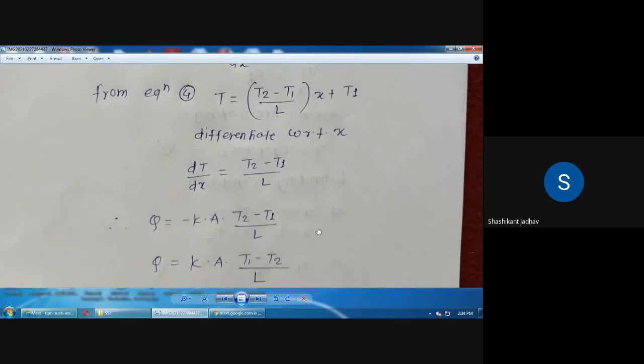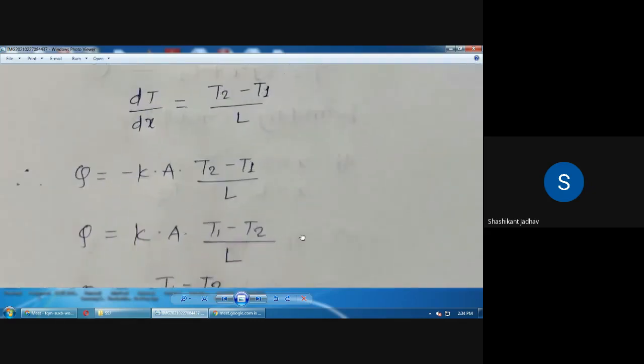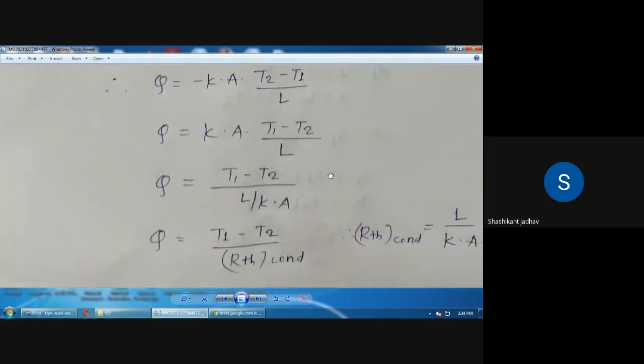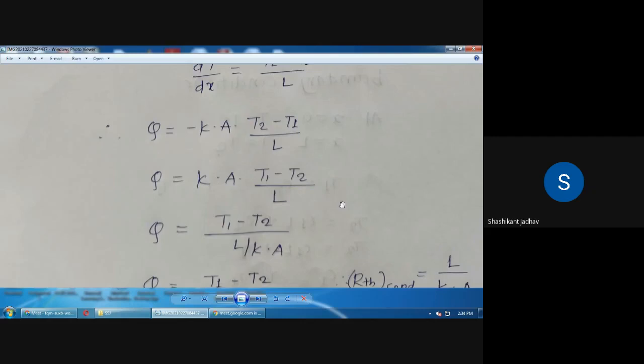So Q is equal to K into A into (T1 minus T2) divided by L. This is the final equation for the rate of heat transfer through the plane wall.